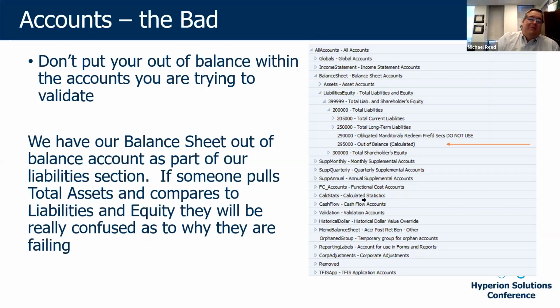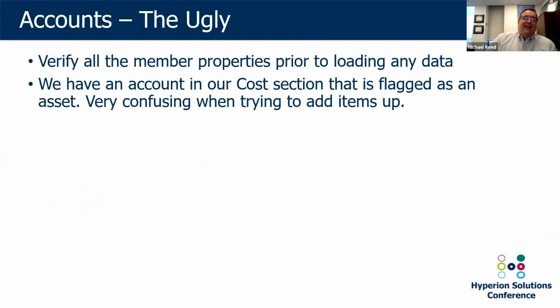The other really bad thing that we did is when our consultants were putting in historical data, they identified that there was an account in our cost section that was flagged as an asset. So costs are natural credit balances.